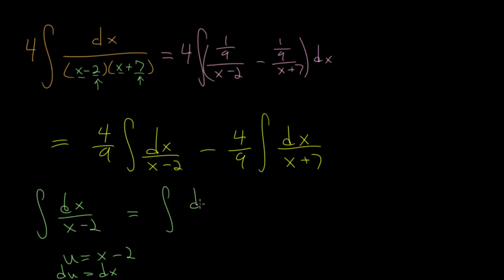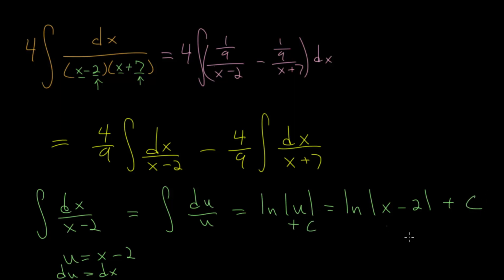We have the integral of du over u now. And you might recognize that this integral evaluates to the natural log of the absolute value of u, which in this case, since u is x minus 2, would just be the natural log of the absolute value of x minus 2. And it's an indefinite integral, so we would have an integration constant.